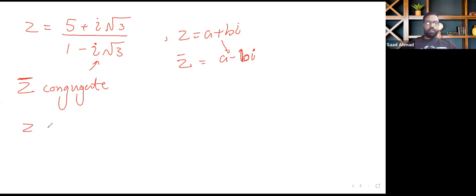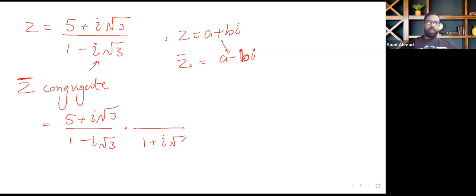So let's do that. We don't need to write the z anymore. It will be equal to 5 plus i square root 3 over 1 minus i square root 3, and we multiply it with its conjugate, which is 1 plus i square root 3.